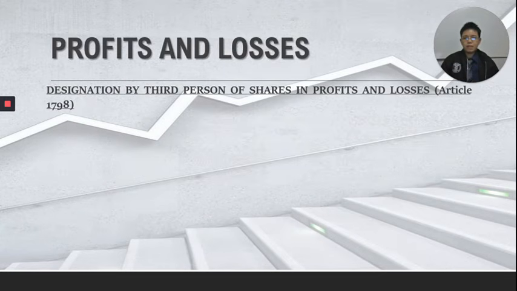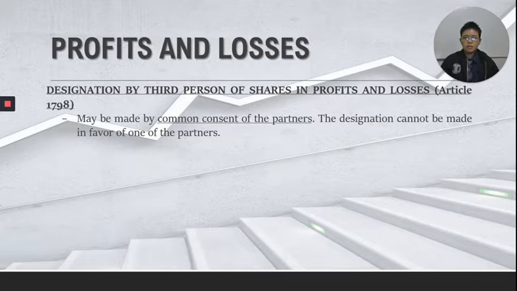What else, class? Third persons can designate the shares of the partners in profits and losses as long as the designation is made with the common consent of the partners. Pero hindi pwedeng isang partner lang, hindi pwedeng isa sa mga partner ang mag-designate ng profits and losses.